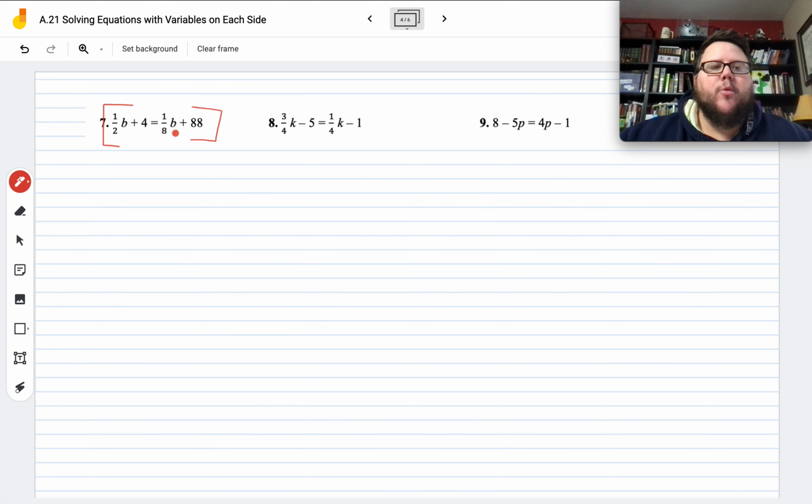I want to multiply by something that's going to cancel out all of the fractions. If I multiplied everything by 2, it would cancel out that first fraction, but it wouldn't cancel out the 1/8. So if I multiply everything by 8, now it's going to cancel out.